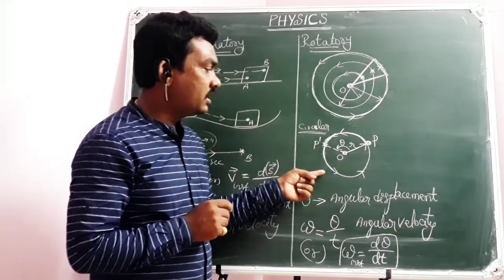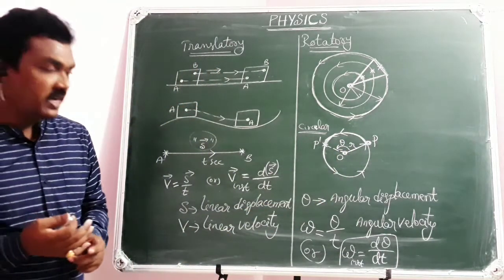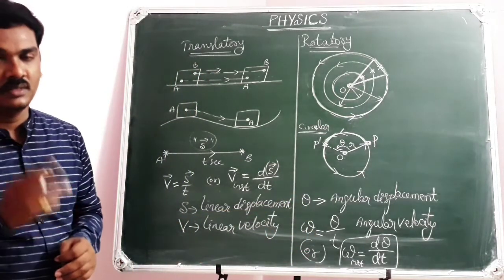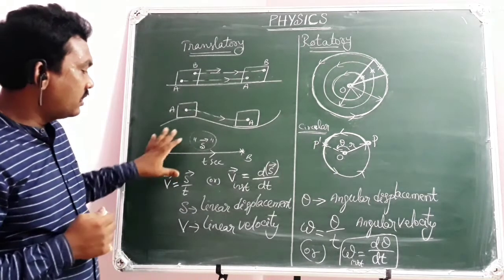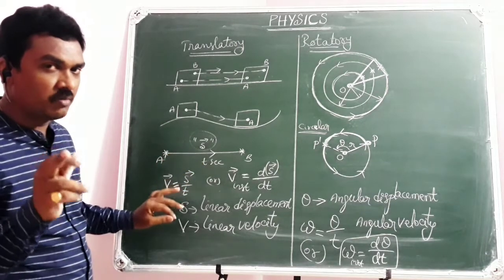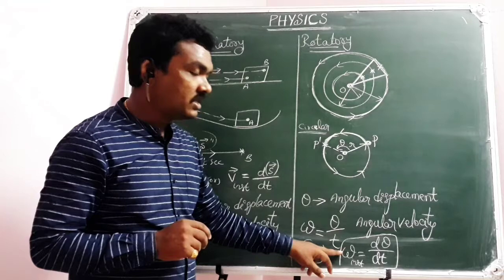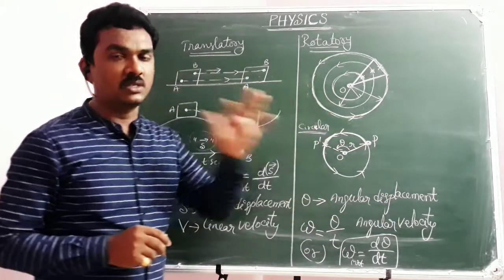Similarly, here you can say your particle is in uniform circular motion, provided its angular velocity is constant. Try to understand this. When the velocity of the particle is constant in translatory motion, it is uniform motion. But here, when the angular velocity omega remains constant, then it is uniform motion in this case.